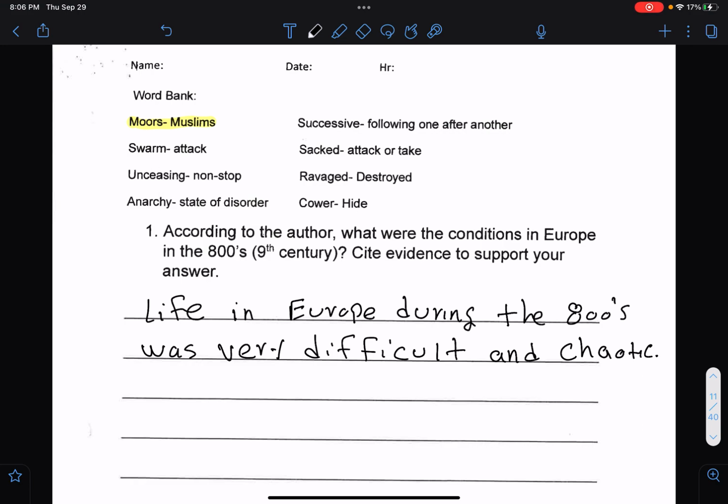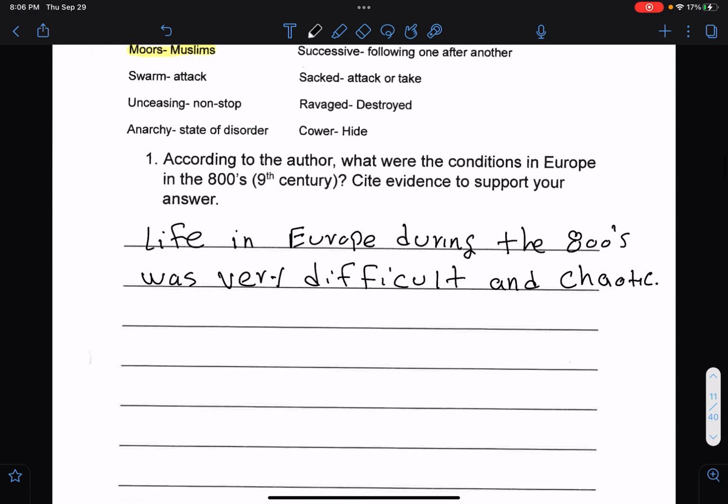I saw that in the constructed response about the Vikings, some of us did not provide evidence, and you have to provide evidence because it does ask to cite evidence. And this is source 2. Source 2 states, and here I'm going to do a comma, and then I'm going to use quotes. Please don't paraphrase, just use quotes.